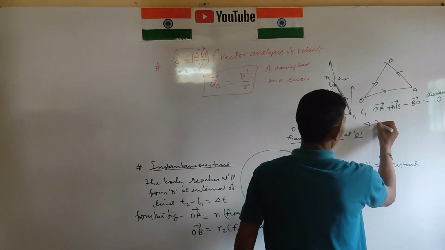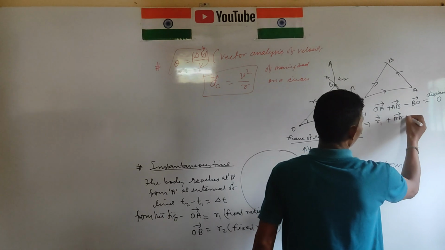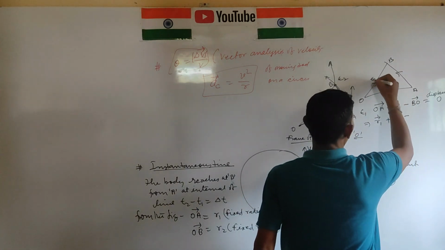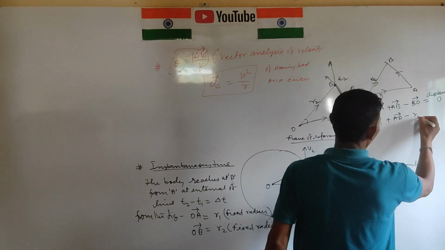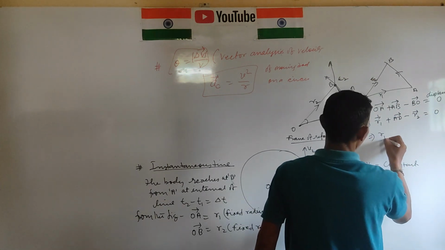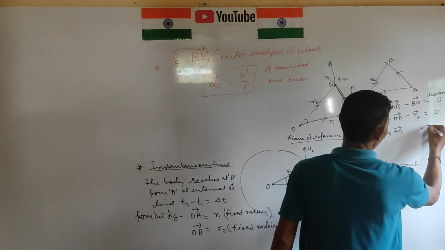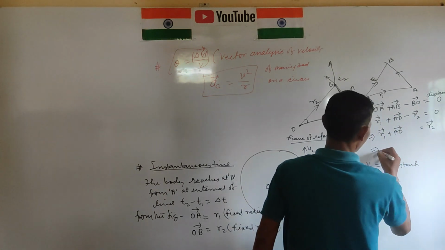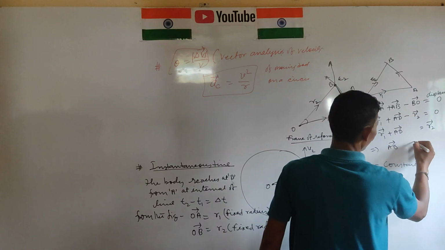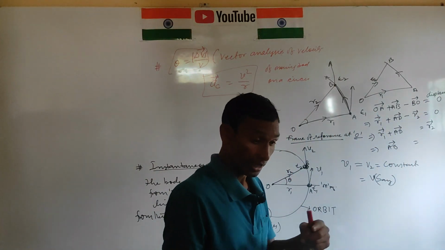So here is R1, here is AB, and this is R2. This is O. R1 plus AB is R2, and this AB is the instantaneous displacement.